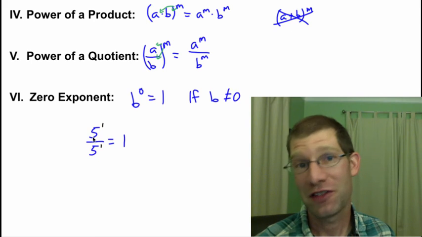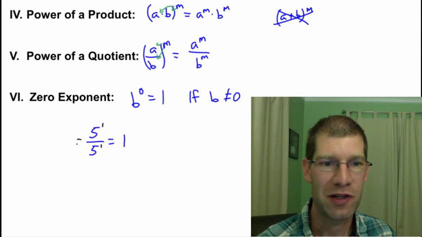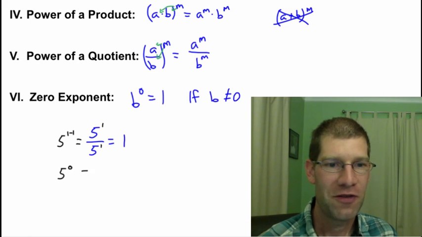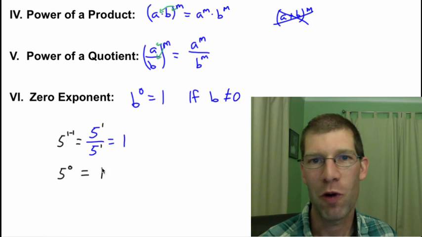I have the same base, so I can subtract my exponents. That's 5 to the 1 minus 1, which is 5 to the 0, because 1 minus 1 is 0. So 5 to the 0 has to equal 1.